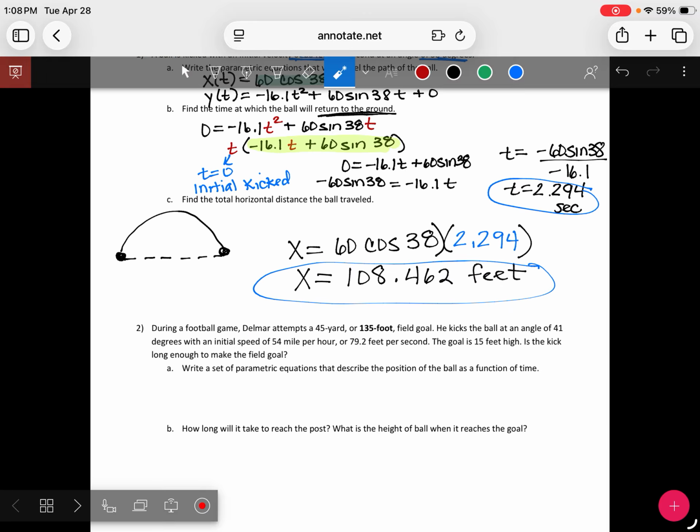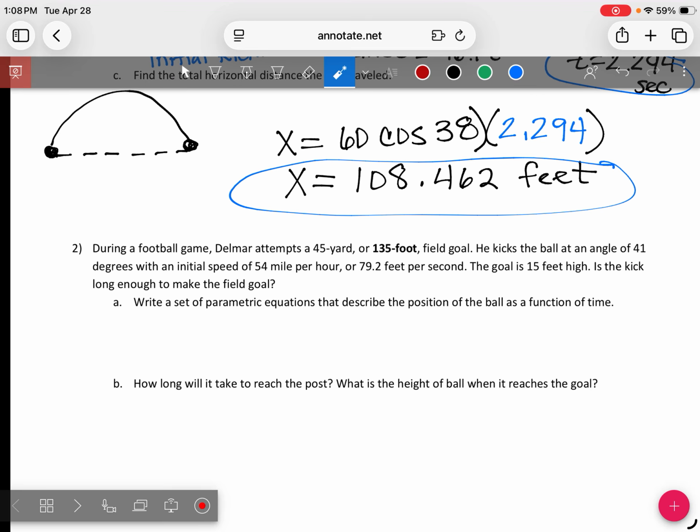So during a football game, Delmar attempts a 45-yard or 135-foot field goal. He kicks the ball at an angle of 41. So that's my theta, with an initial velocity of 54 miles per hour. But we don't have a gravity that measures in miles.